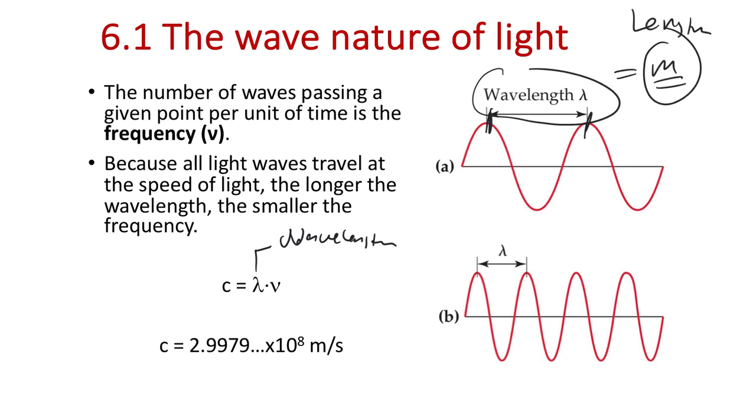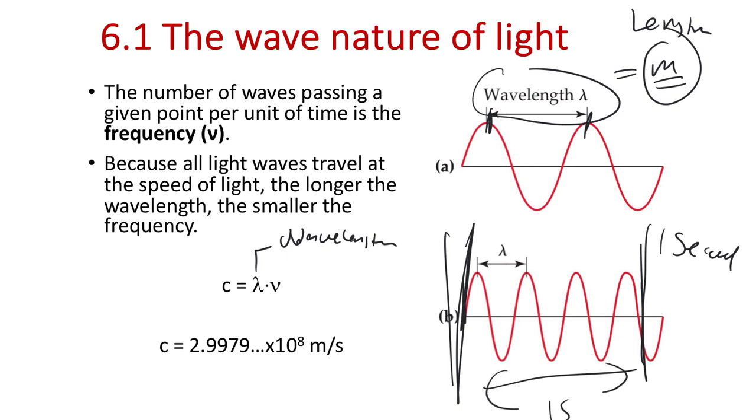And then the unit of frequency is, if we imagine that this is, say, 1 second of time here, how many of the wavelength cycles are completing between this interval here? Then we would say there's 1, 2, 3 cycles completing, so that would be a frequency of 3 cycles per second. We'd call that 3 hertz, where a hertz is an inverse second, or it's a cycle per second.